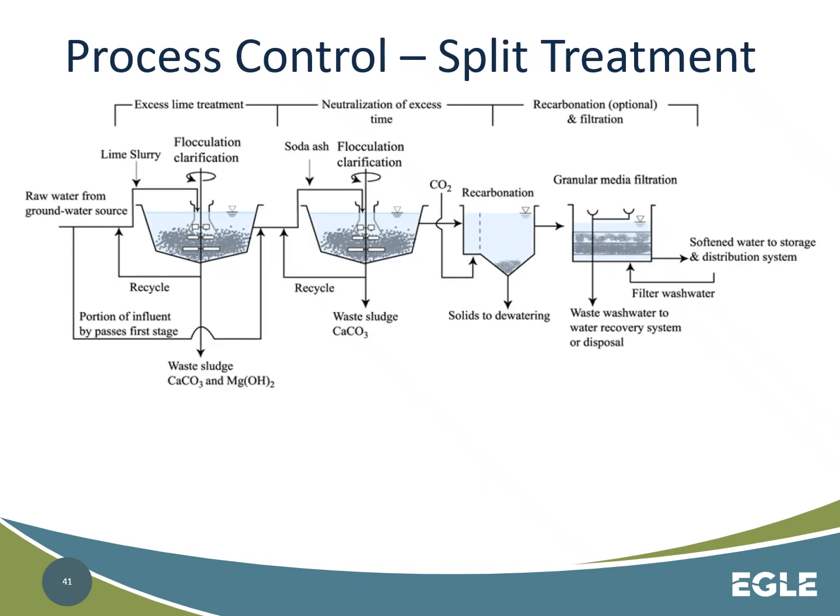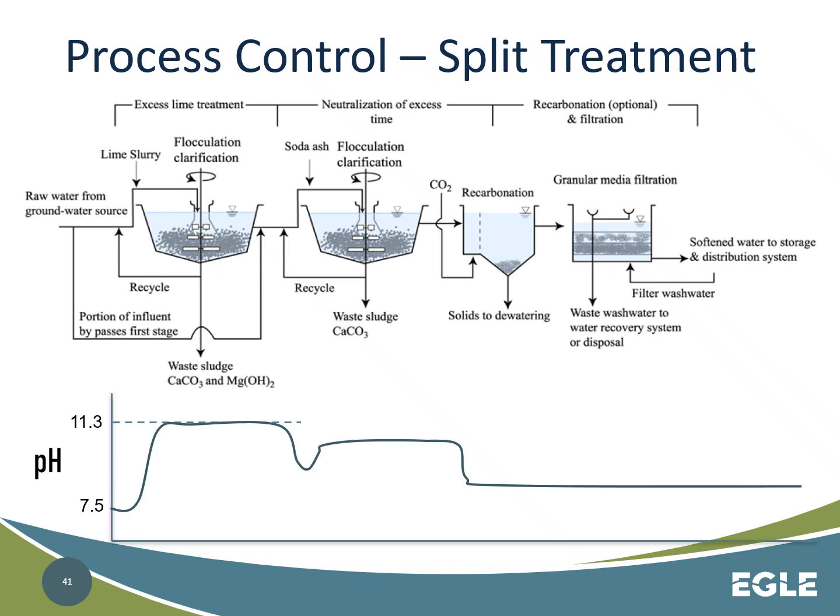Let's look at a more complicated 2-stage split treatment softening process. There's a lot going on here that could impact pH. The main flow stream starts with raw water with a pH around 7.5. We add lime and excess lime for magnesium removal in the primary treatment, bringing the pH up to 11.3 in the primary clarifier.